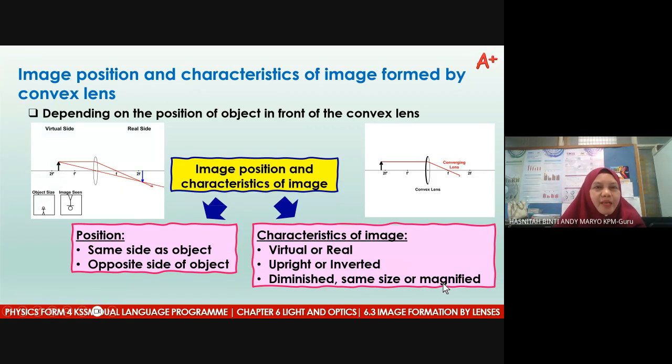If the image is smaller than the object, we say the image is diminished. When the size of the image is equal to the size of the object, we call it the same size. Here is another GIF showing how to draw a ray diagram: a ray from the object parallel to the principal axis will converge to the focal point behind the lens.